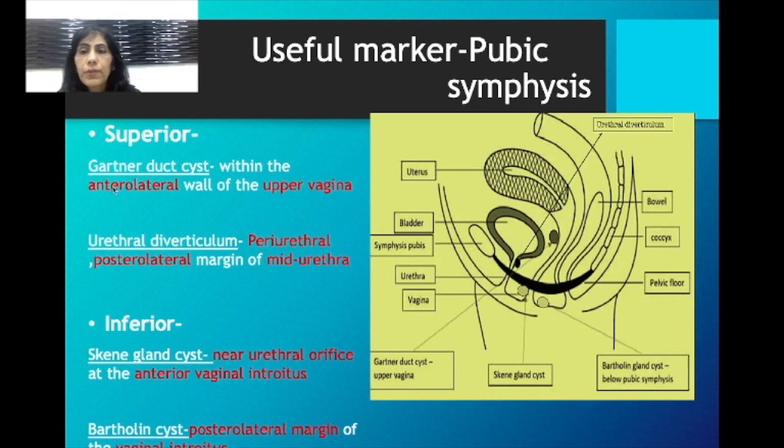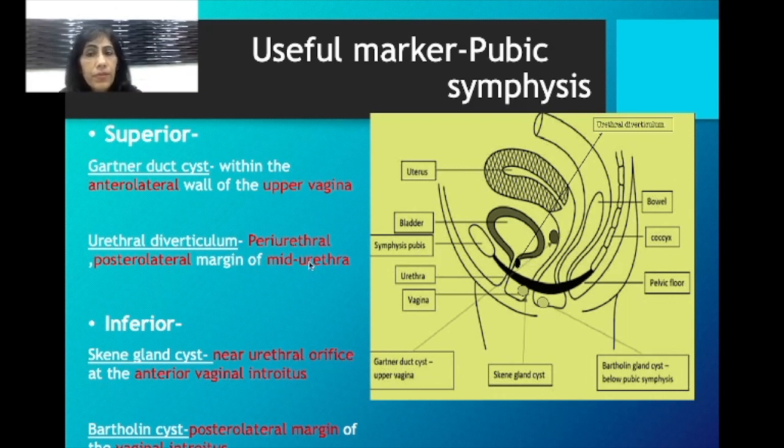Gartner's duct cyst would be in the anterolateral wall of the upper vagina, and urethral diverticulum will be periurethral, at the posterolateral margin of the mid-urethra. But the problem is that when you do the scan, both these lesions will look anterior, because the Gartner's duct cyst is also on the anterolateral wall of the vagina, quite close to the urethra, as you will see in the ultrasound pictures further.